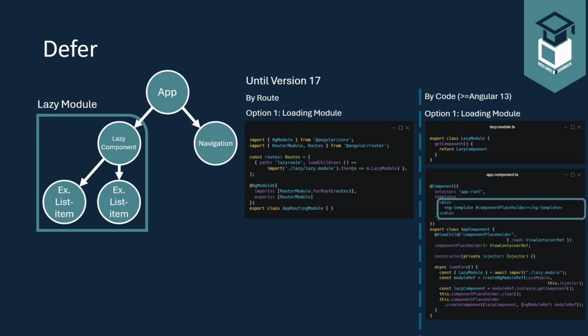And as I said, this refers to the component placeholder, where we now want to render the lazy component. What it then does in the last part is that this lazy component calls the getComponent function that you can see on the top in the lazy module TS, then clears, like deleting everything from the component placeholder, and then creates the component and inserts it into that placeholder.